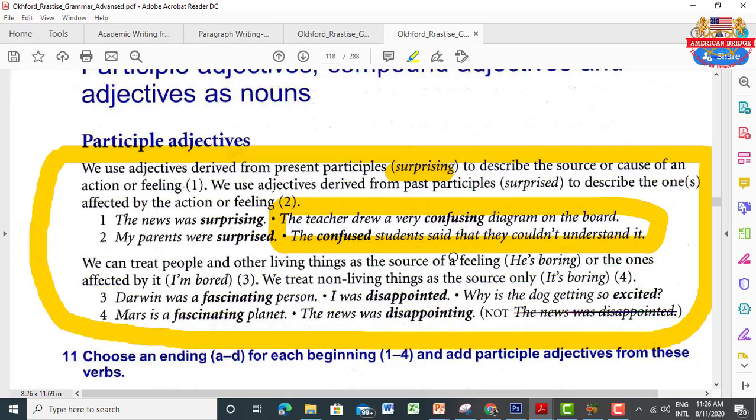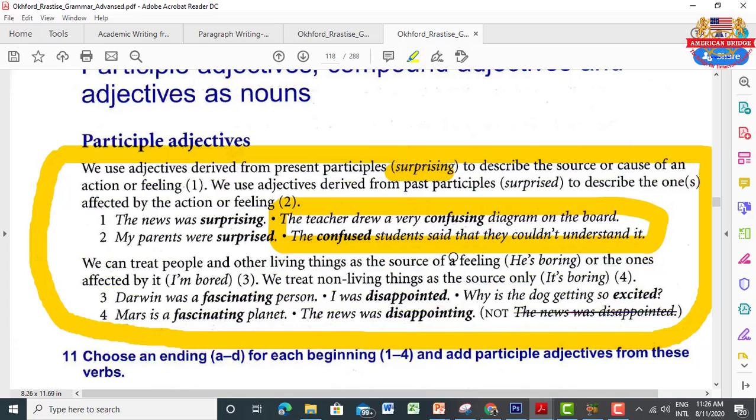Why is the dog getting so excited? Mars is a fascinating planet. The news was disappointing. Can we say that the news was disappointed?